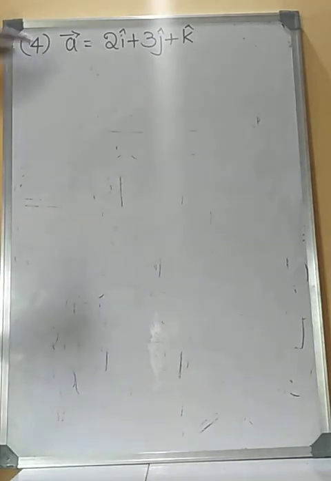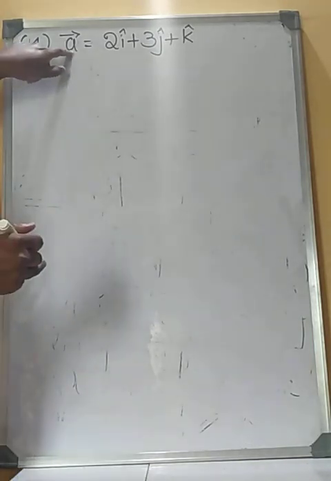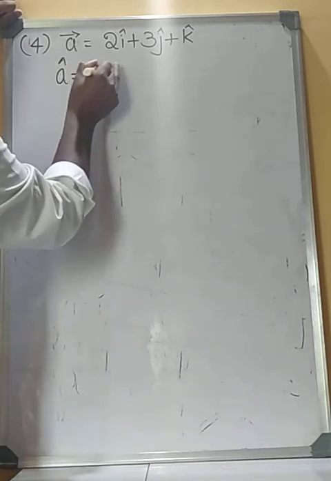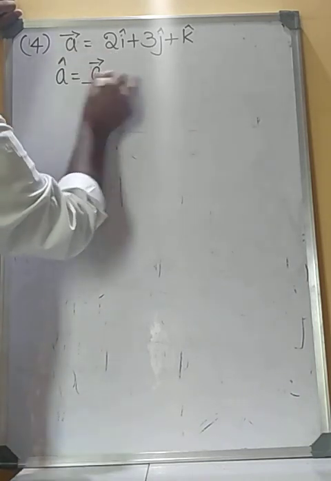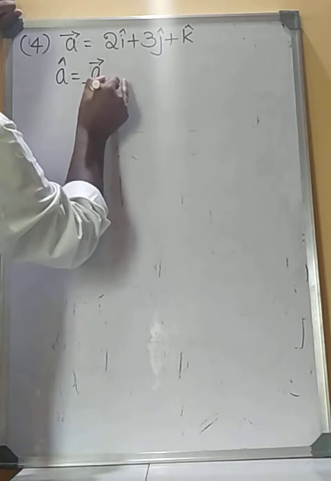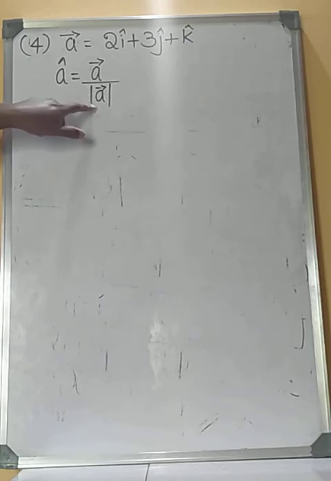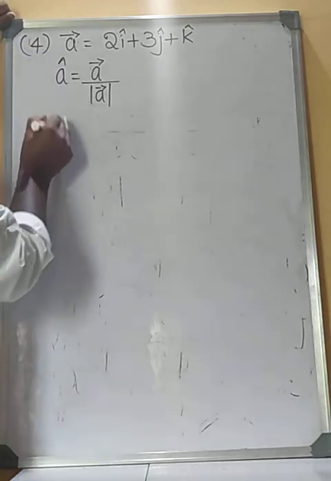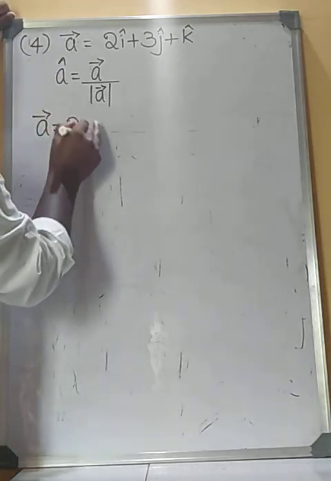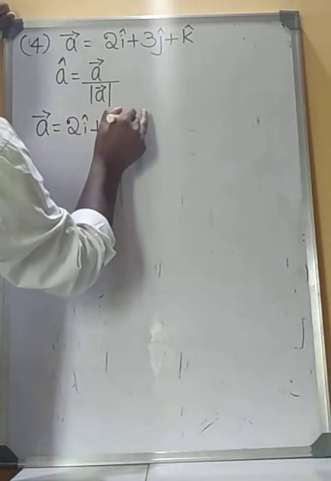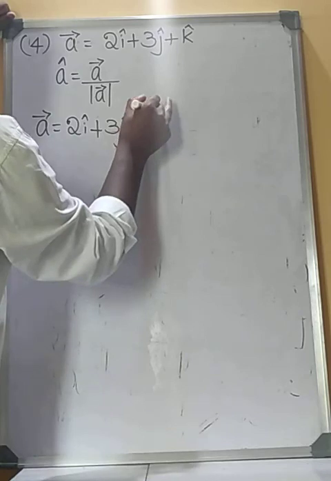The unit vector in the direction of vector A is given by A cap is equal to A vector dividing by the magnitude of A vector. A vector is given as 2i plus 3j plus k, so find the magnitude of A vector.